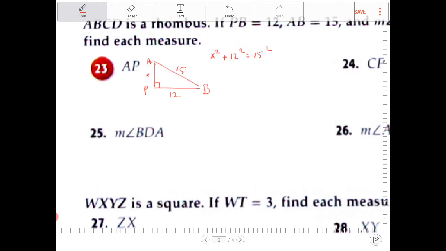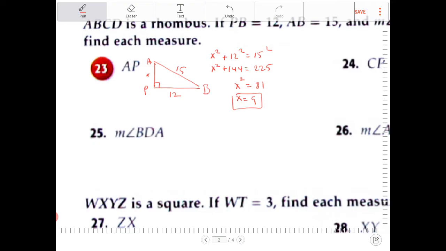The answer to this should be 9, but I'll go through it. So x squared plus 144 is equal to 225. If I subtract 144 from 225, I get 81. What is x then? x must equal 9, like I said before.